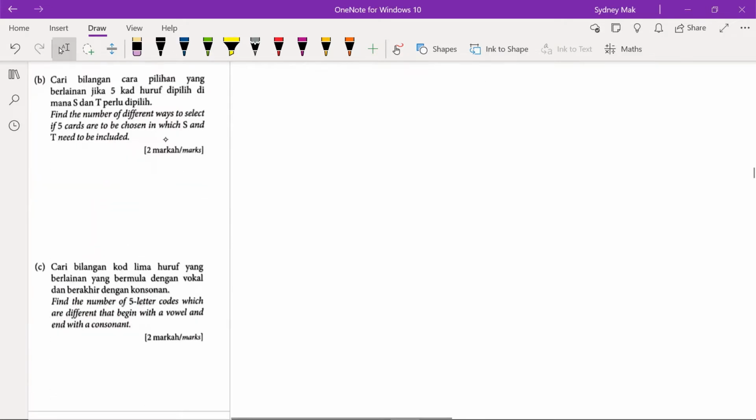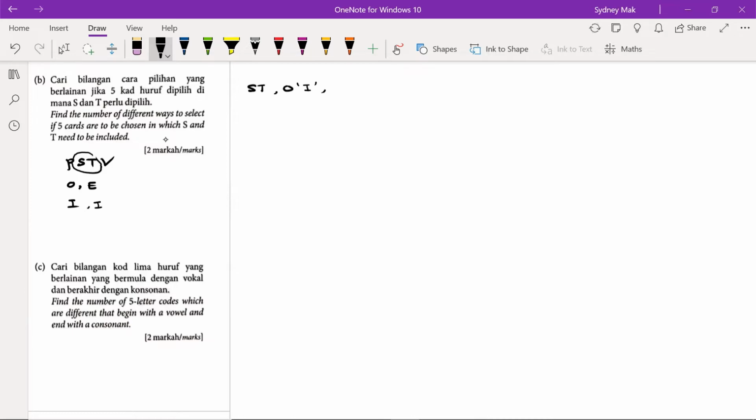So this question, we know that we have 4 consonants, which is P, S, T, V, and 2 vowels, O and E, and 2 identical vowels of I. So in this case, we have to select 5 out of 8 cards here, whereby S and T must be included, which means the number of ways to select will be either ST with no I chosen.